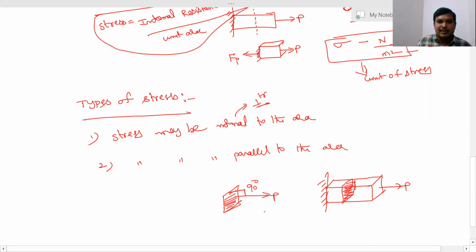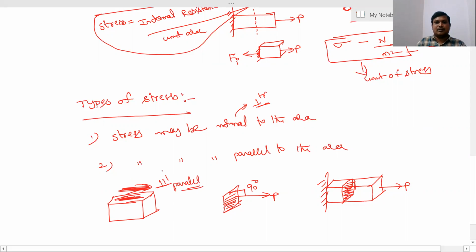Parallel to the area means, so I'm taking this member. This is the area. I'm applying the force on this area. This is not normal. This is parallel to the area, and this is called a tangential stress.